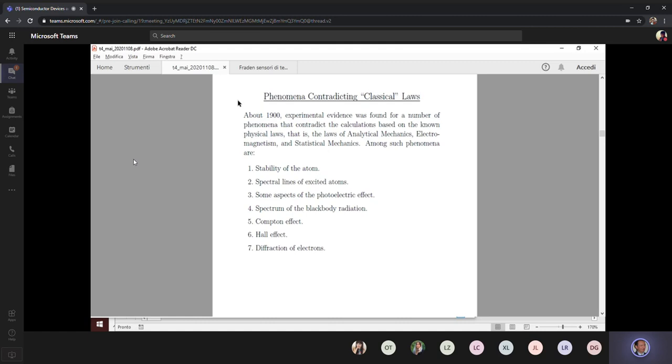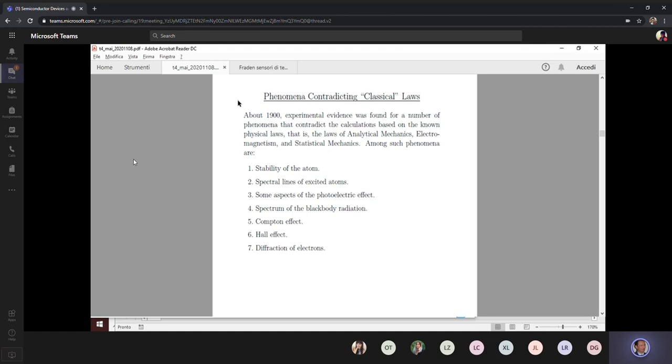If you take the equations of electromagnetism, you can prove that a charged particle subjected to acceleration necessarily radiates. It emits radiation, so by emitting radiation, it will lose energy.